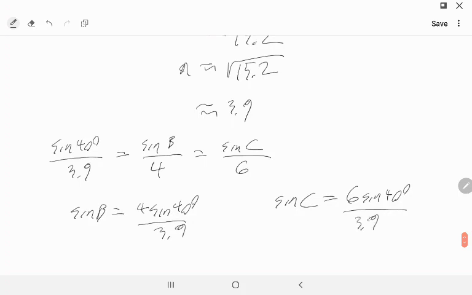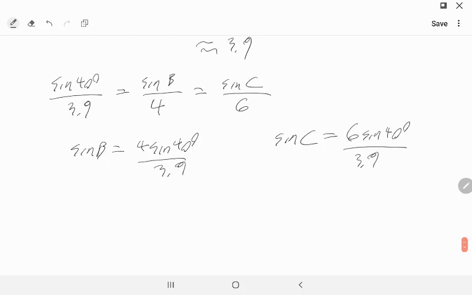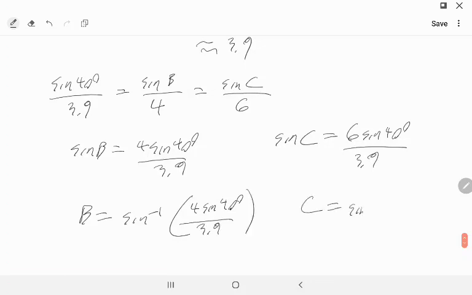And so from there, I'll leave that as an exercise. We're just going to get some value for sine 40 multiplied by 4 divided by 3.9, and then we can use inverse sine. So B will be the inverse sine of 4 sine 40 divided by 3.9, and capital C will equal inverse sine of 6 sine 40 divided by 3.9.